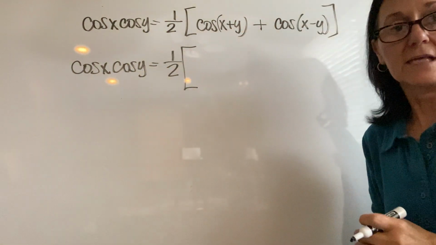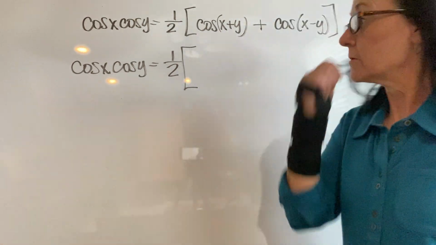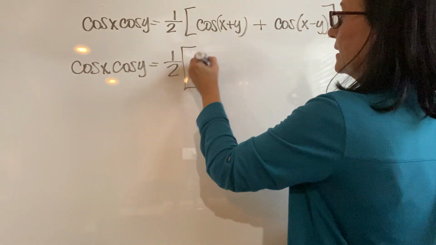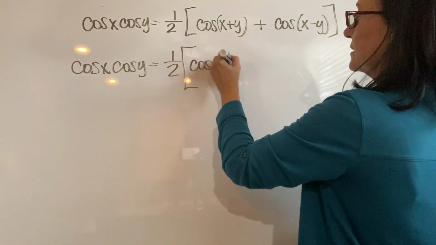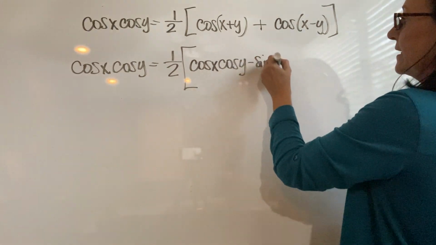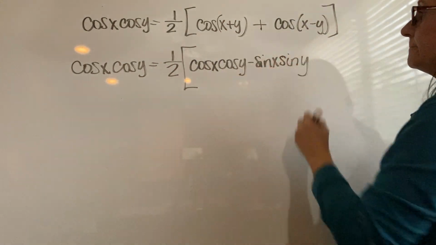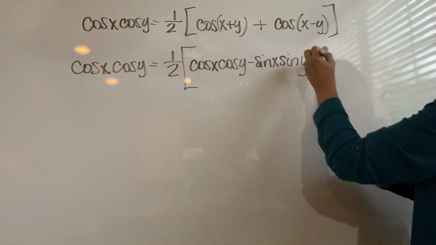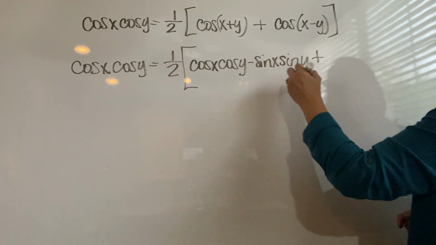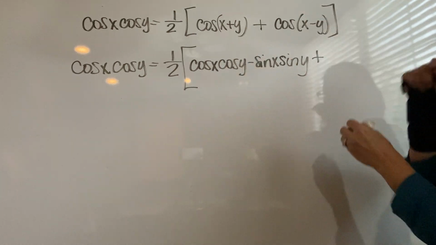For this, I'm going to substitute in the identity. And for the cosine, if it's plus, it's minus. So it's cosine x times cosine y minus sine x sine y. And when it's minus, it's plus. All right, so it's this whole thing, this first whole term, plus this second whole term.